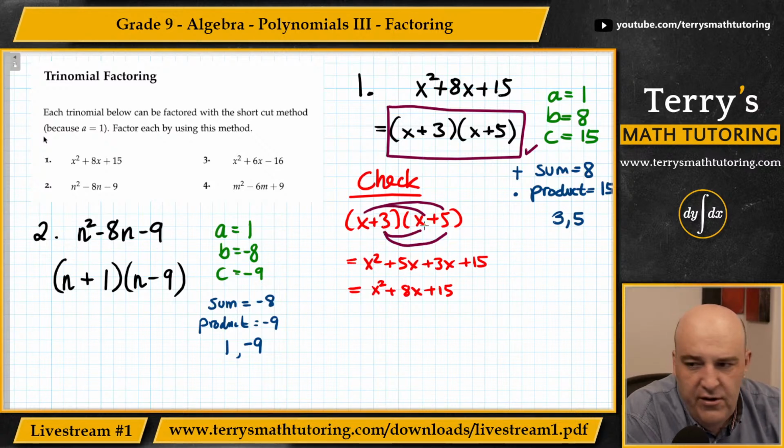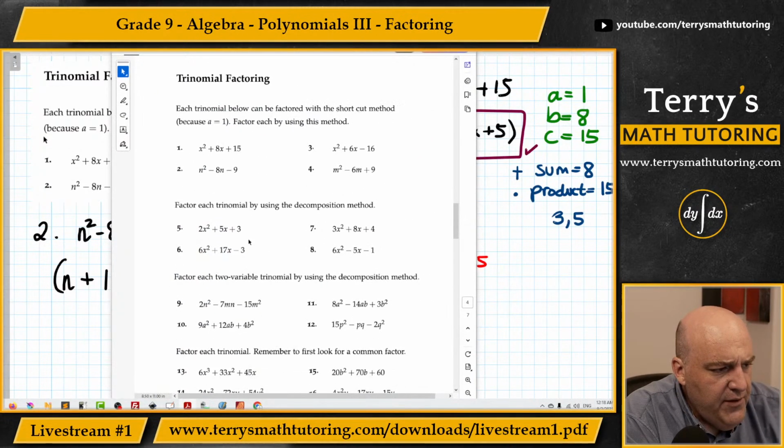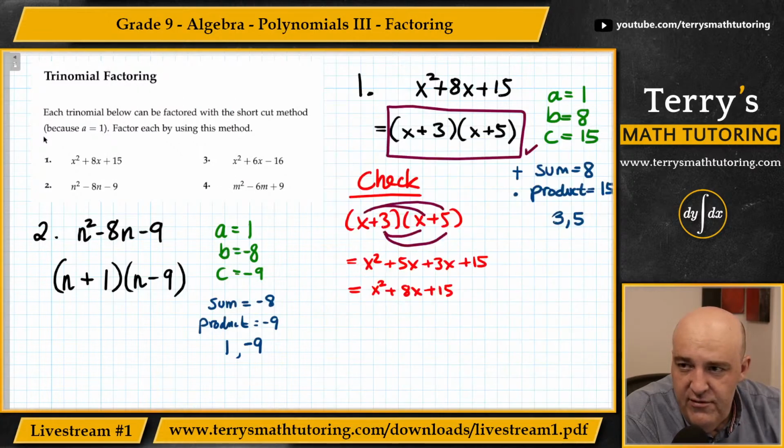Later on, when a is not equal to 1, like if we look a little bit further in the document here, you see on this next set of questions we're doing, a is not equal to 1 here. So the shortcut method will not be available to us. We're still going to find two numbers which have a sum of b and a product of a times c. But after that, I have to show you something on how to do it.